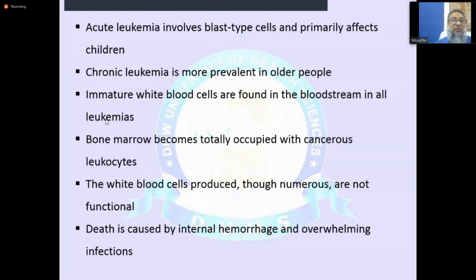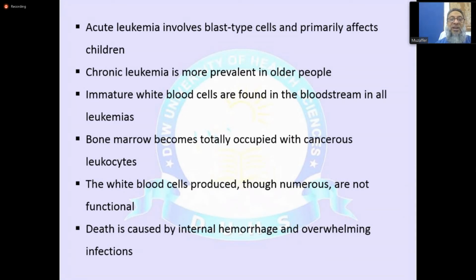So what is the difference between leukemia and leukocytosis? A very major difference. Leukemia is the abnormal increased number of white blood cells, which are ineffective. And leukocytosis is the normal white blood cells increased in number.